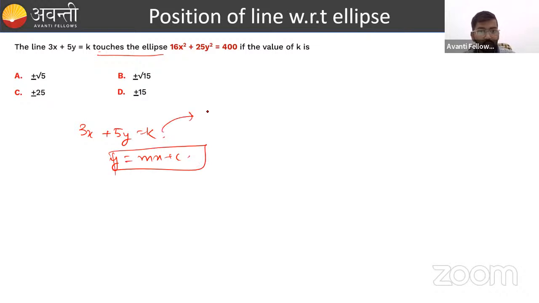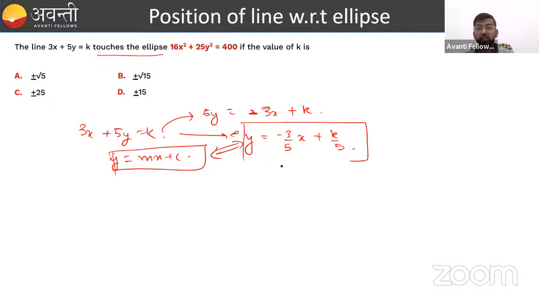To do that, I'll write 5y equals minus 3x plus k, so it will become y equals minus 3 by 5 into x plus k by 5.